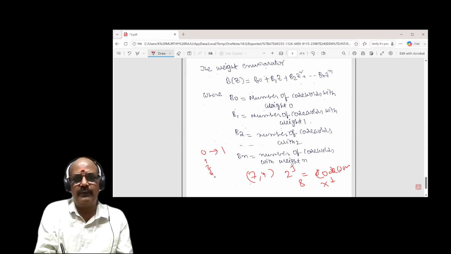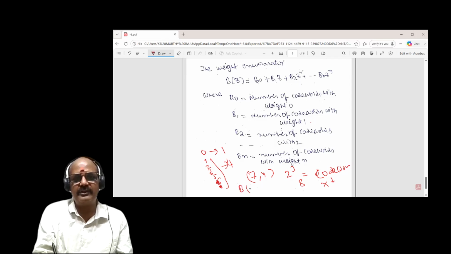The remaining code words of the dual code have weight 4.